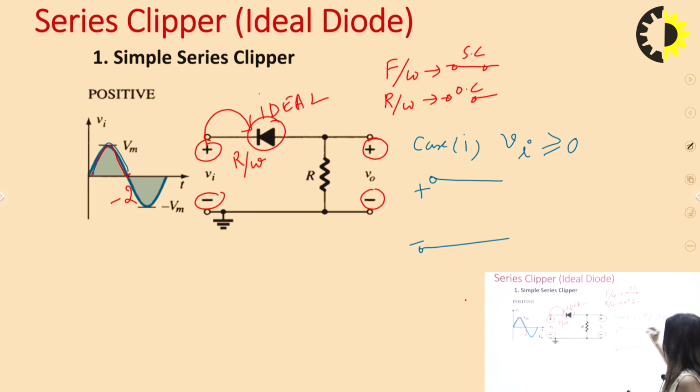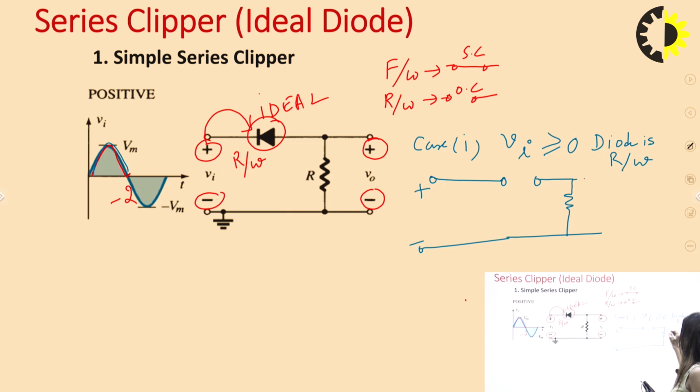My diode is reverse biased. When it is reverse, I know that it is behaving as an open circuit.